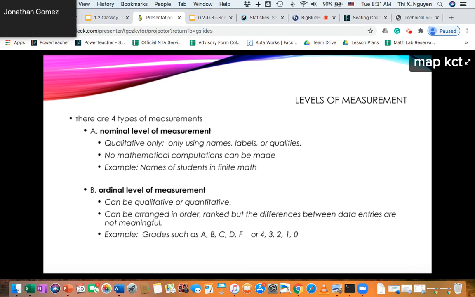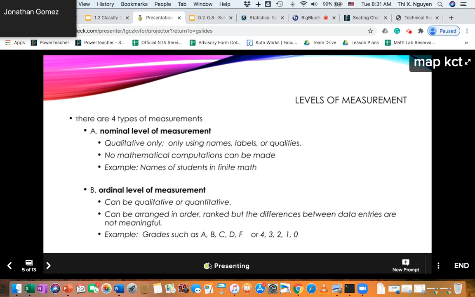And now once we get the data, we're going to decide what to do with it, right? So it's called the levels of measurement, how we measure our data. There are four of those, but right now we're going to focus on two things first. The first one is the nominal level of measurement. The second one is the ordinal level of measurement.